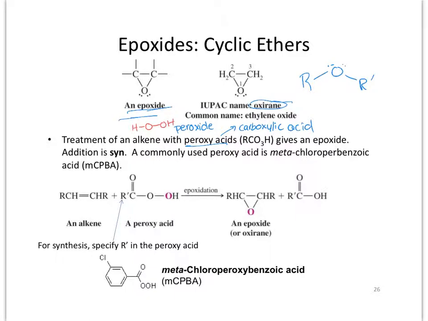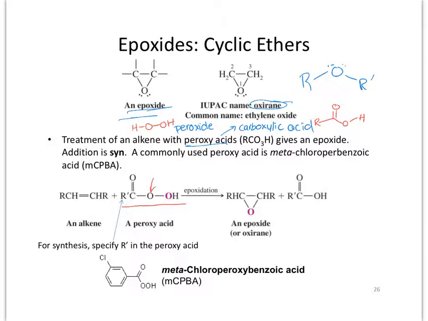So 2 oxygens attached to each other, and a carboxylic acid having a carbonyl and OH coming off of it. So a peroxy acid is the 2 of those combined. It looks like a carboxylic acid, but it has an extra oxygen in it. So it's an OOH with a carbonyl on it as well.